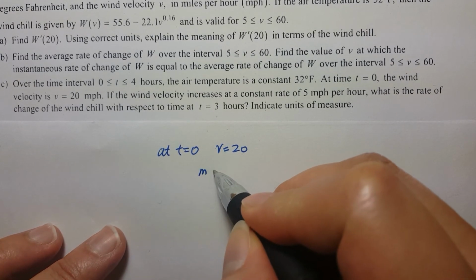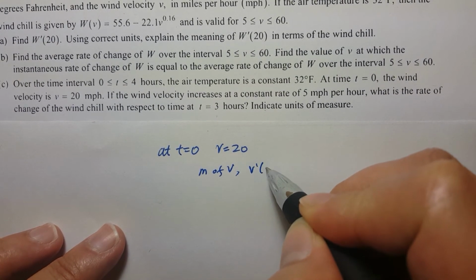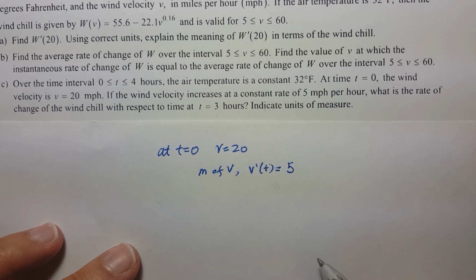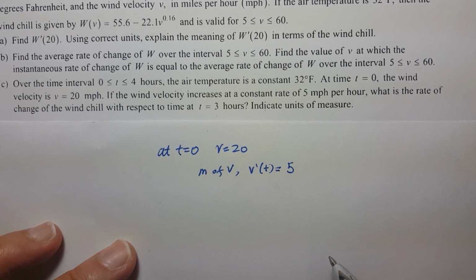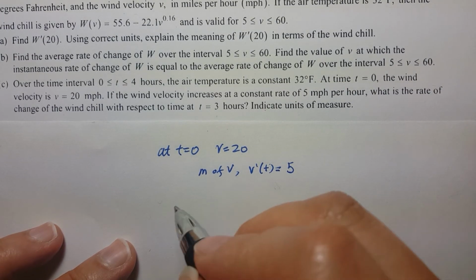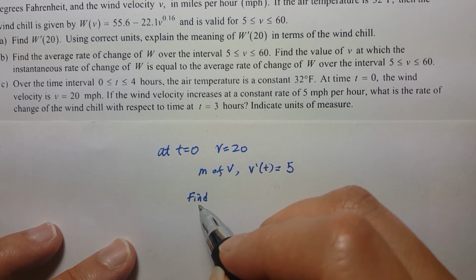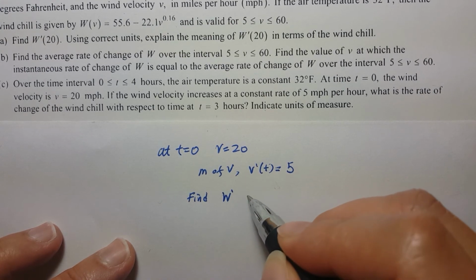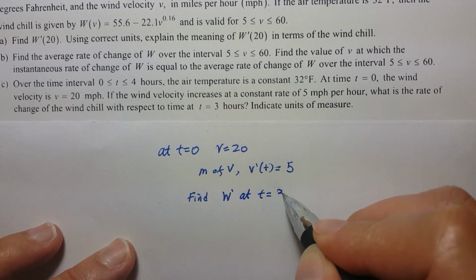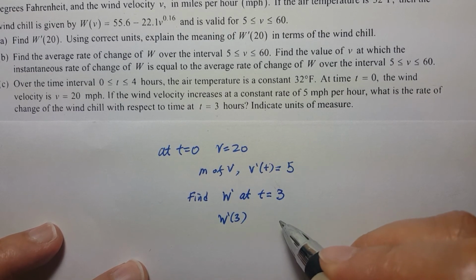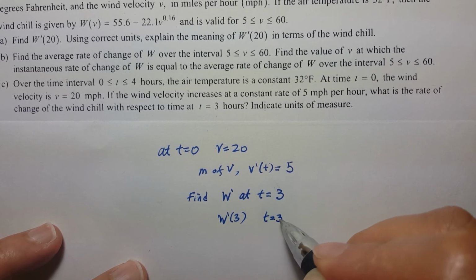So V prime of T equals 5. What is the rate of change of the wind chill with respect to time at T equal to 3? They ask you to find the rate of change of the wind chill, that means W prime at T equal to 3. So that means W prime of 3.